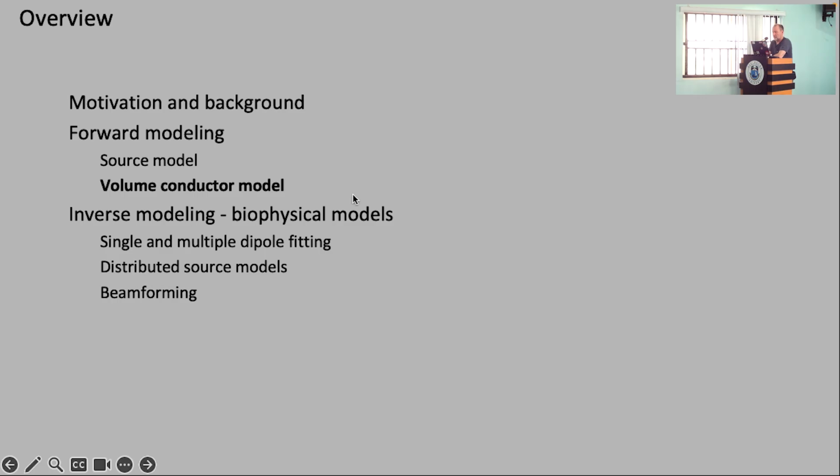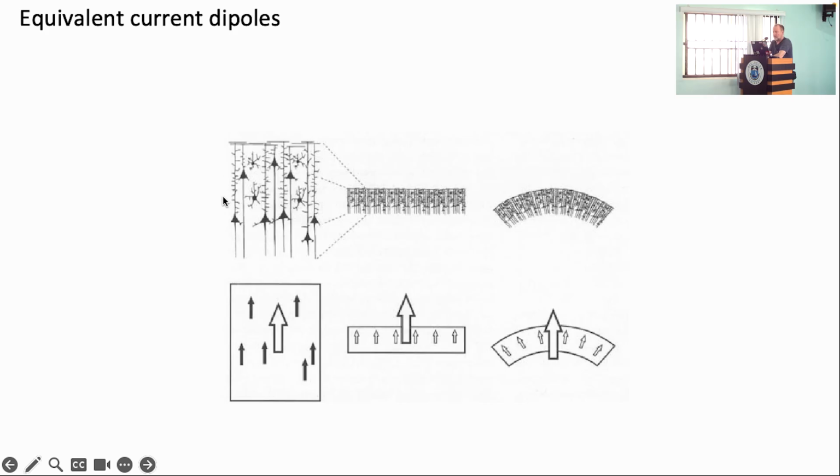If we have a small cortical column that consists of many neurons, we can model each of these neurons as a dipole. Since we're looking from such a large distance, we cannot distinguish each individual neuron, so we model it with an equivalent current dipole, which is the summation of all of these individual neurons.